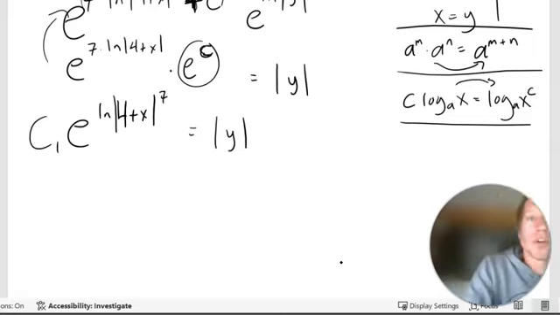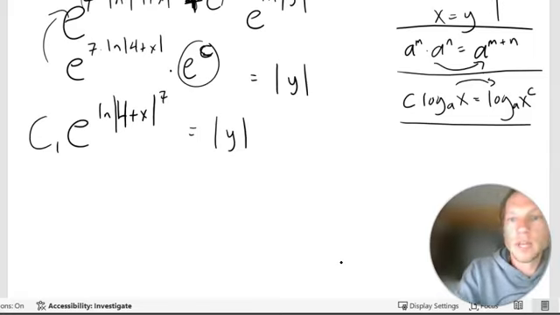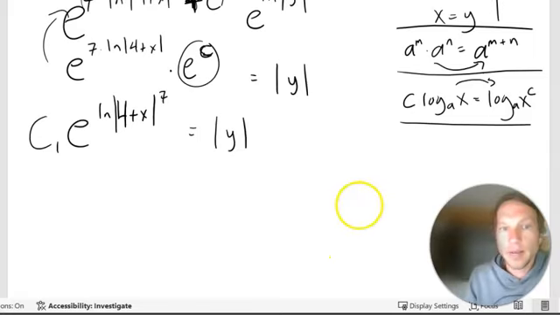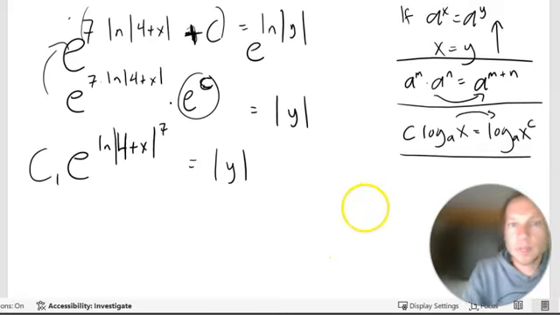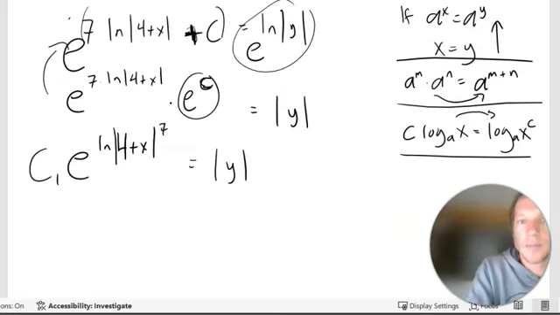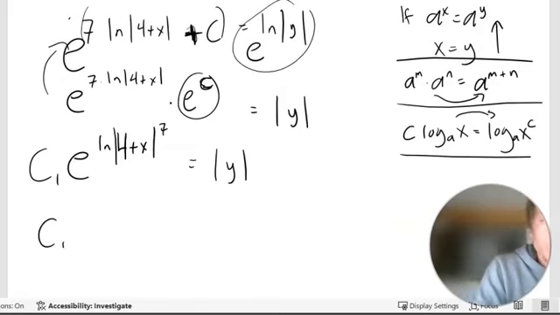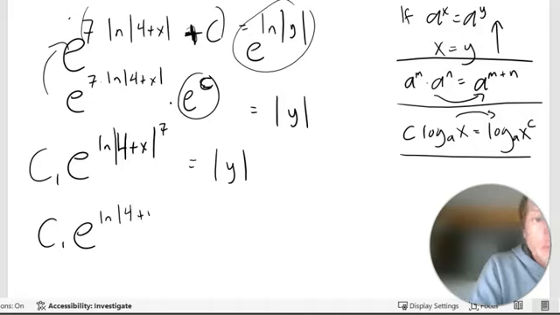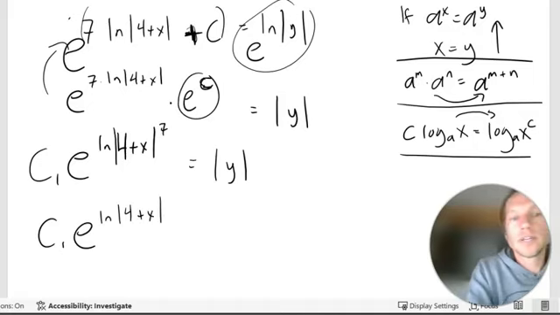Okay, and now we're doing real good because we can use the property again that we used before. e to the natural log of something is just the something. So I got C1, and then it's e to the natural log of the absolute value of 4 plus x, all to the 7th power, equals the absolute value of y.